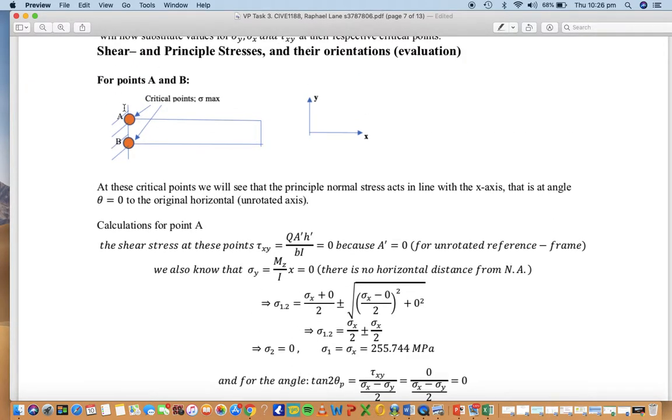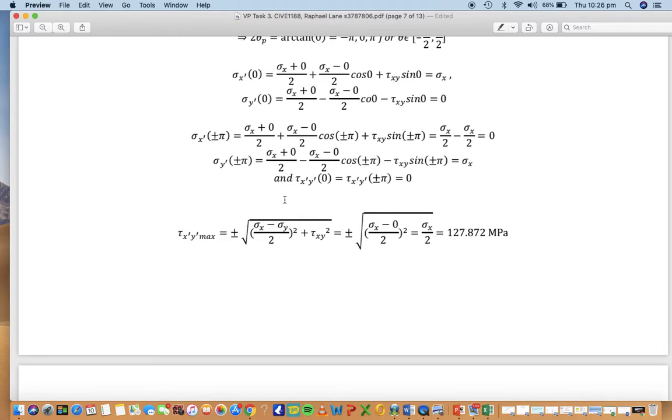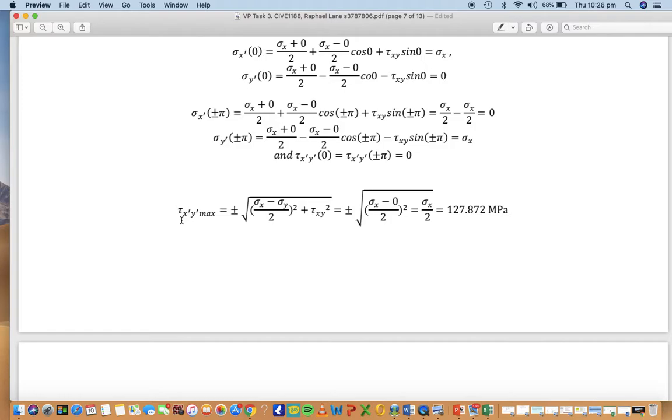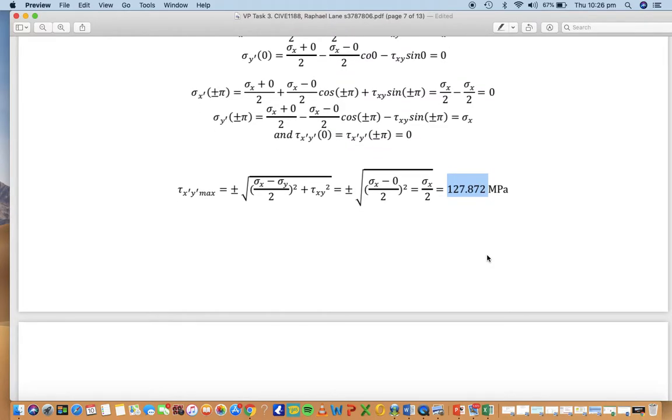So starting with points A and B, where the normal stresses are greatest, I put in some numbers and calculated that the maximum shear at that point happens at a rotation of 45 degrees, and that it comes out to 127 MPa.